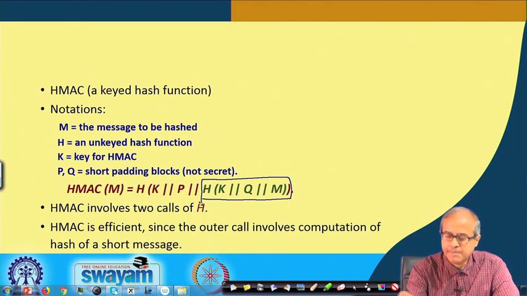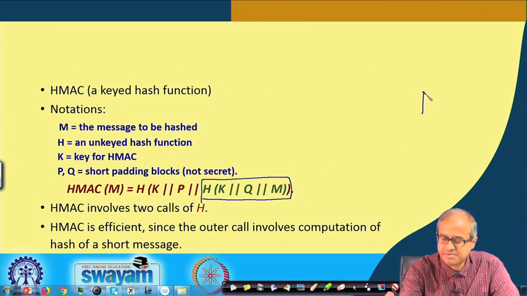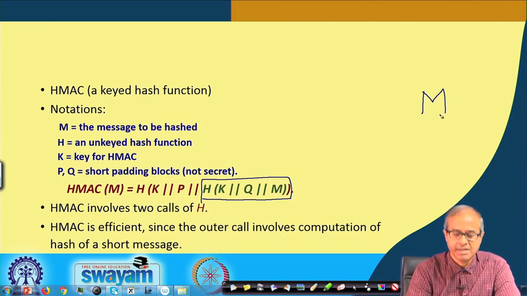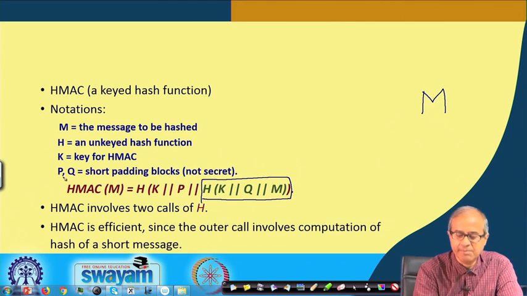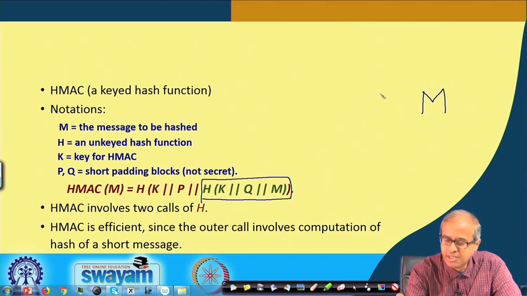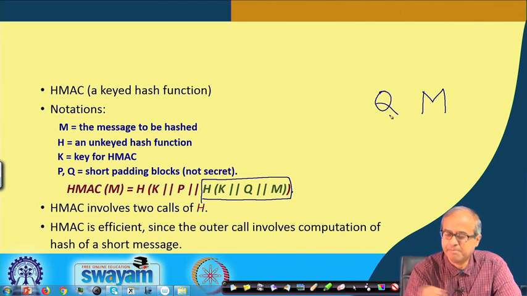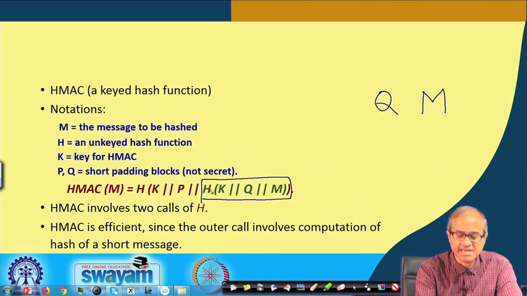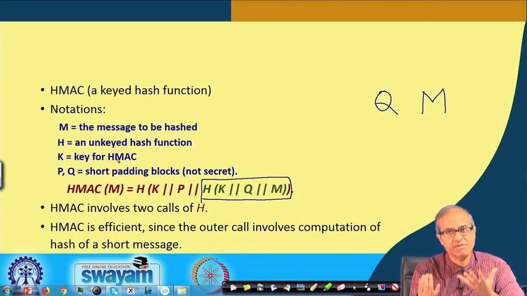where you have the message m, you have a short padding block q, you add q to this m, and there is a secret key k. Just like encryption and decryption, you have a secret key also, but you are not doing an encryption.